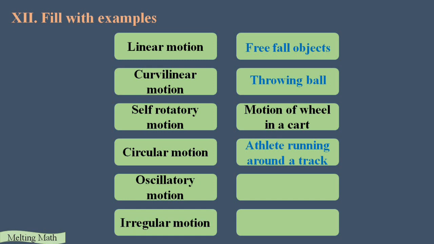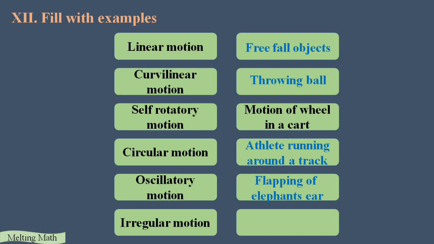Another example of circular motion: a stone is tied in a twine, and then we rotate it. It's in circular motion only. That also we discussed in the match the following. Next one, oscillatory motion. Flapping of an elephant's ears is oscillatory motion because it reaches the same position after an equal interval. So it's oscillatory motion.